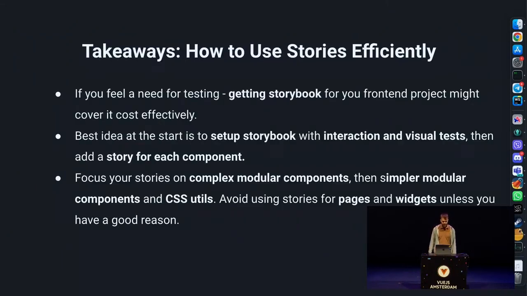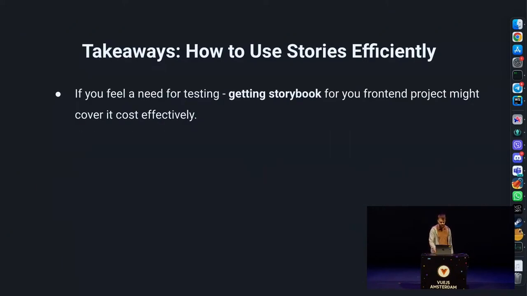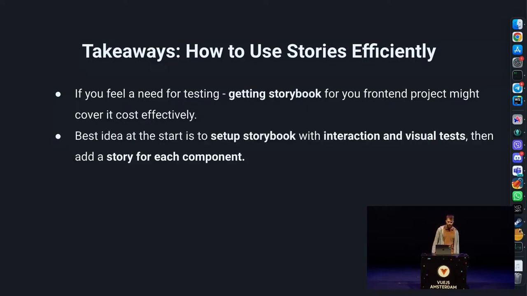And we have a couple of quick takeaways on this talk, and that would be it. If you feel a need for testing, I believe getting Storybook for a front-end project might cover it cost efficiently. The best idea would be to start by setting up Storybook with interaction and visual tests, then add a story for each component, and then progress from that point.